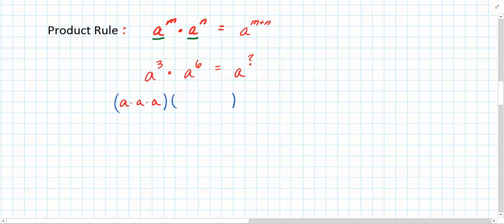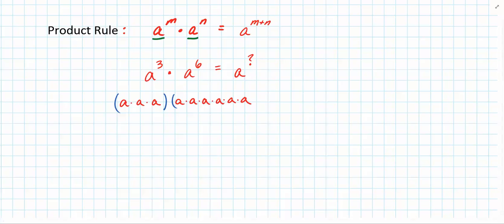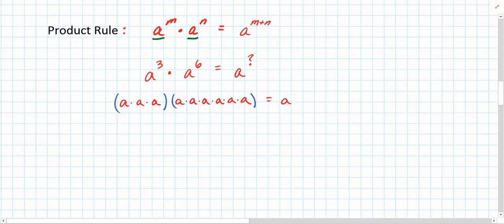A to the sixth power would be the product of a with 6 factors. Within each of these grouping symbols, there's nothing else that I can do to simplify them.